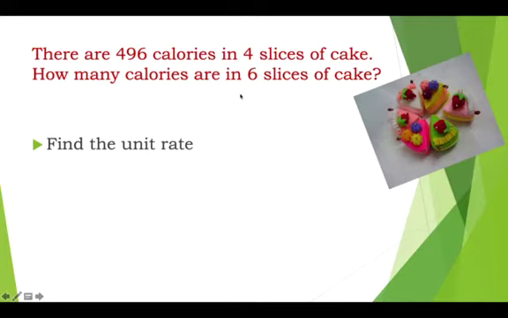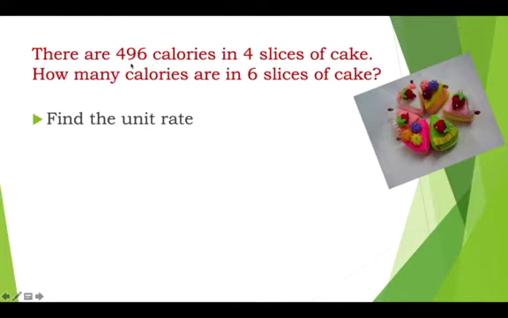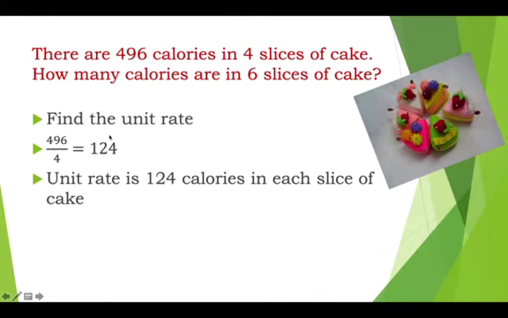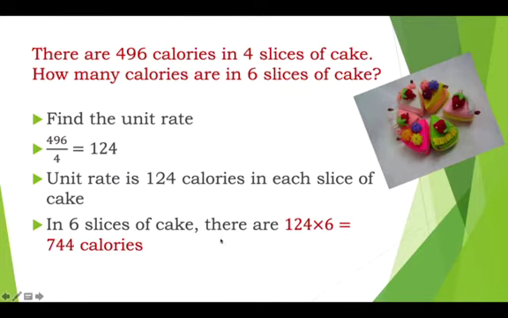So let's find the unit rate, which will be 496 over 4, which is 124. What does that mean? It means in 1 slice of cake there are 124 calories. Then what we need to do? So for 6 slices of cake there are 124 times 6, which is 744 calories.